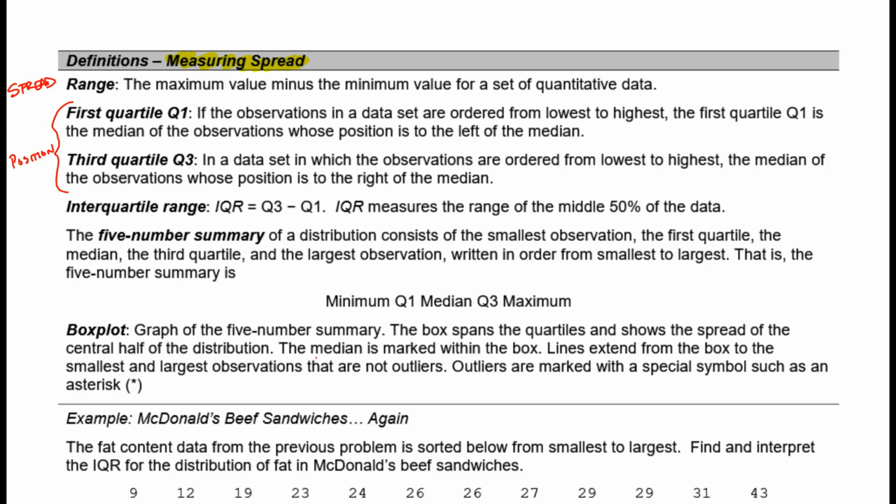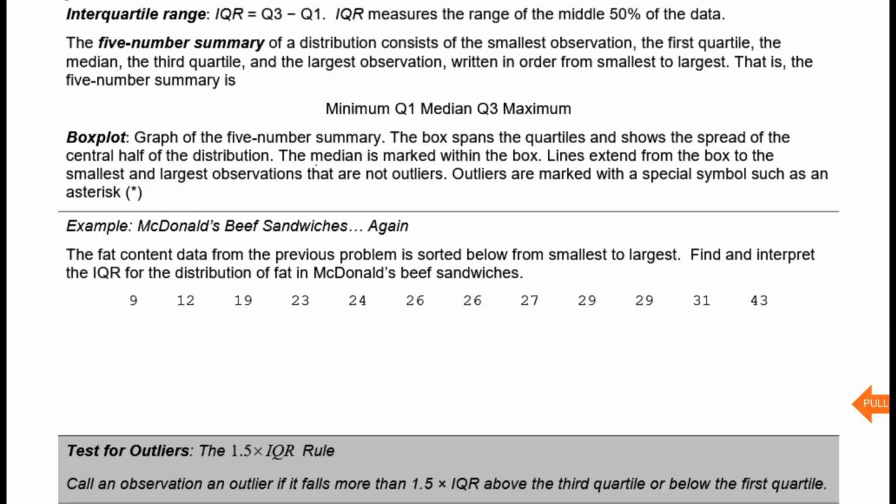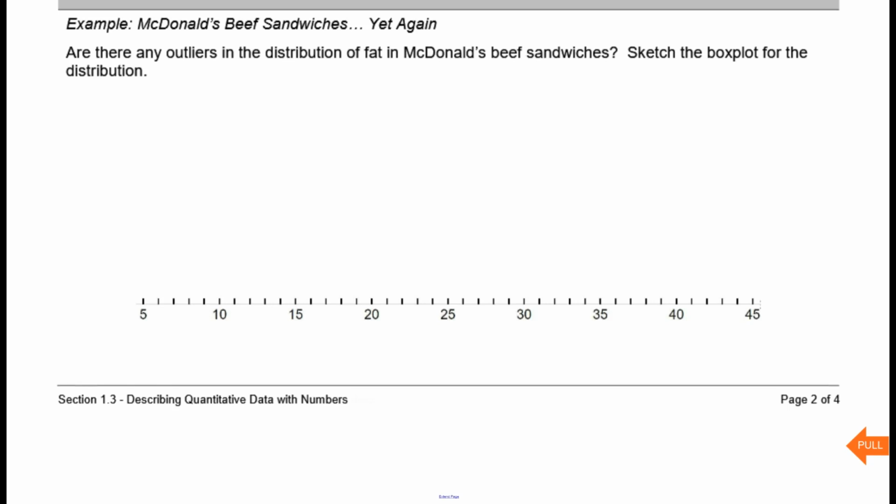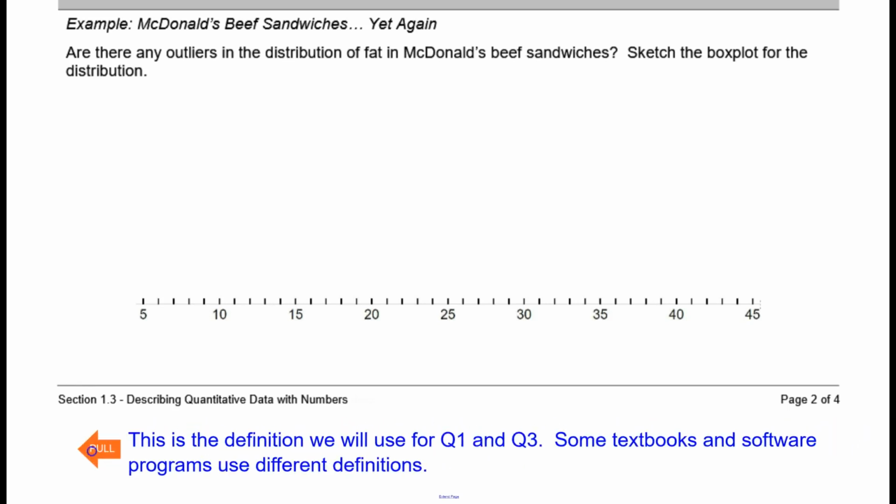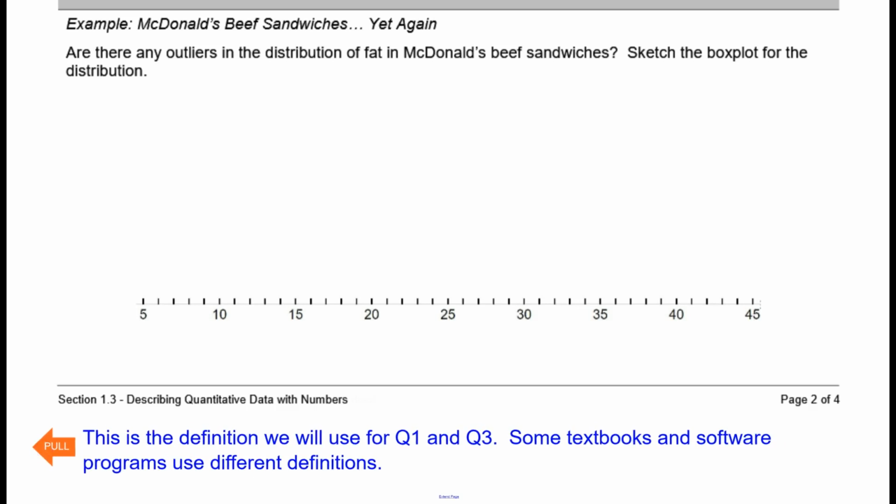I would like to make an additional comment about Q1 and Q3. And I'm actually going to scroll down to the bottom and pull out some text here for you to copy down. The definition we use for Q1 and Q3 are the ones at the top of the page, and those are from the textbook we're using.